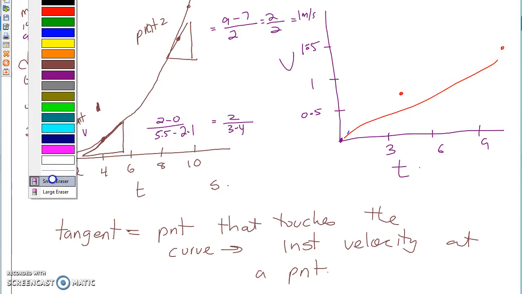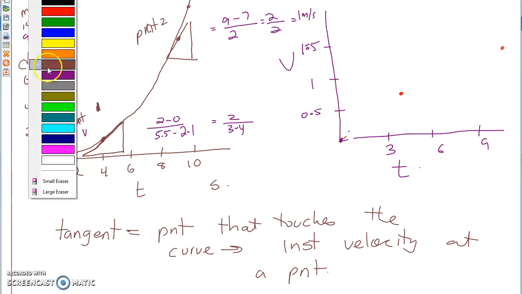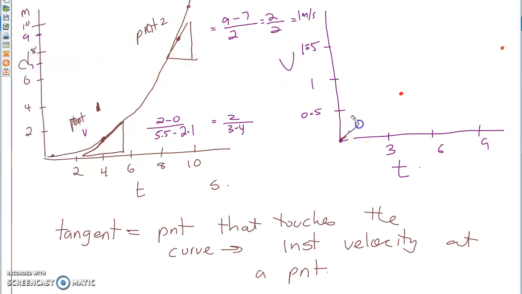Perfect graphing. All right, close enough. So it's a straight line. I'm going to write it down: straight line, meaning straight enough diagonally.